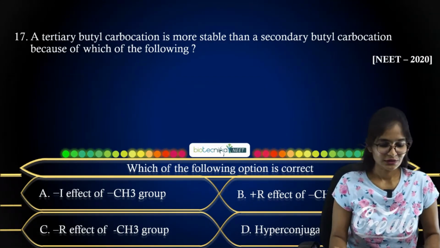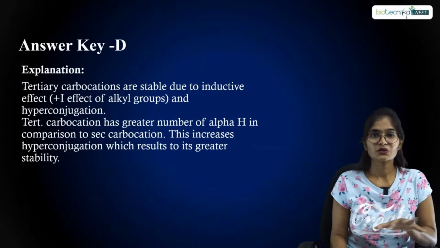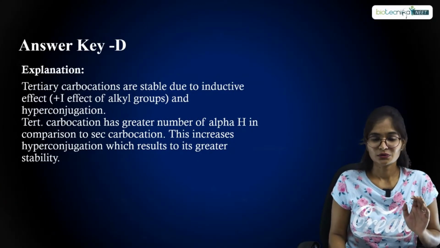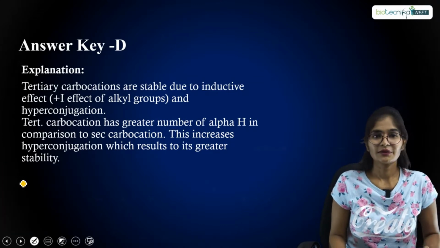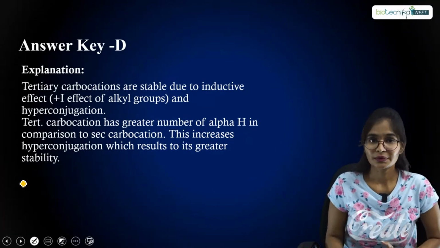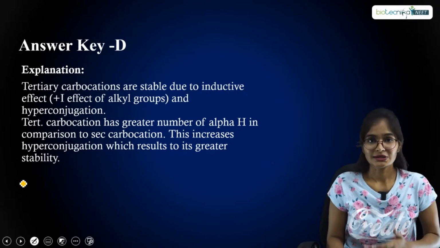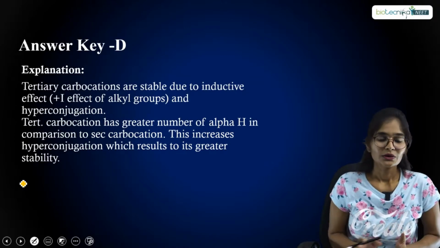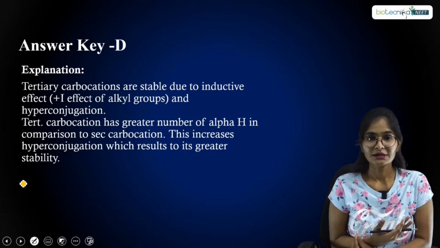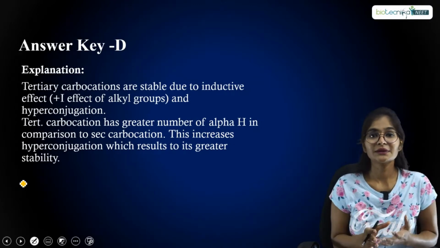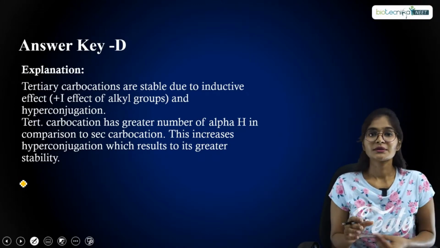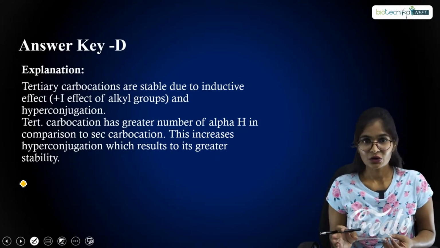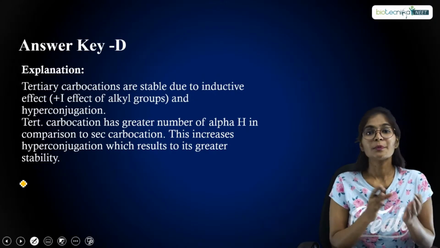The main confusion here is between so many effects, right? The answer has to be option D, because the hyperconjugation effect will be more dominating with respect to the stabilization of the carbocation. Hyperconjugation we can also call no-bond resonance, where there is delocalization with sigma bond to pi bond conversion.